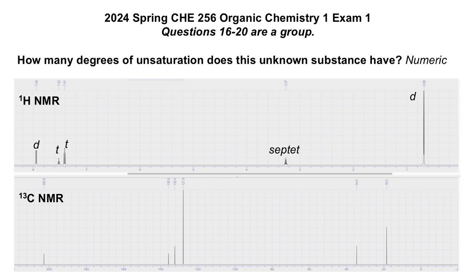How many degrees of unsaturation does the unknown compound have? So again, the aromatic ring is 4. You're making that assumption just by looking at the presence of signals in that region of the NMR. And then in the carbon, as we said, the peak at 202 is a carbonyl. So that's a degree of unsaturation. And again, a monosubstituted benzene gives you 4 degrees of unsaturation. So the total is 5.